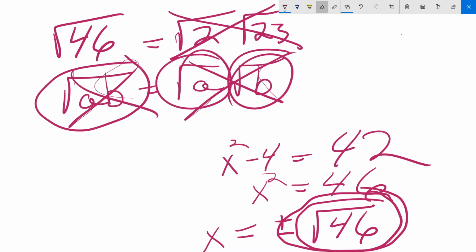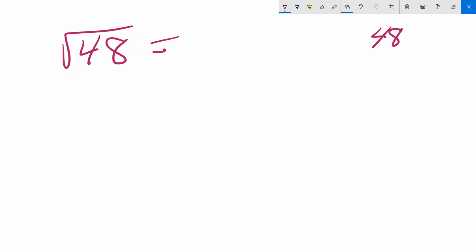Now, let's just say it was the square root of 48. Can you split up 48? By that I mean, can you factor it so that one of the factors is a perfect square number? Think of factoring 48. Let's go over here and talk about factoring numbers. We know that two factors are 48 and 1, correct?